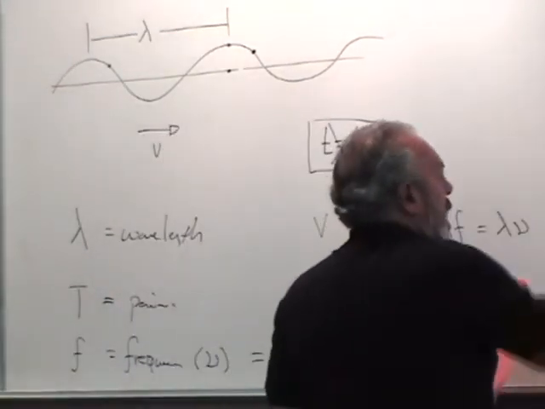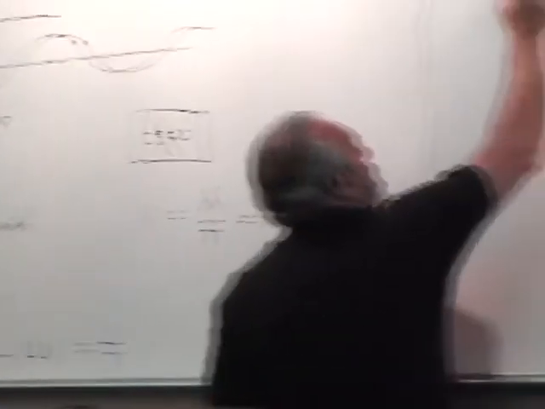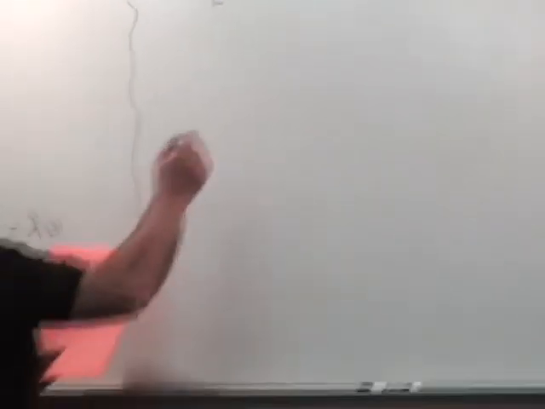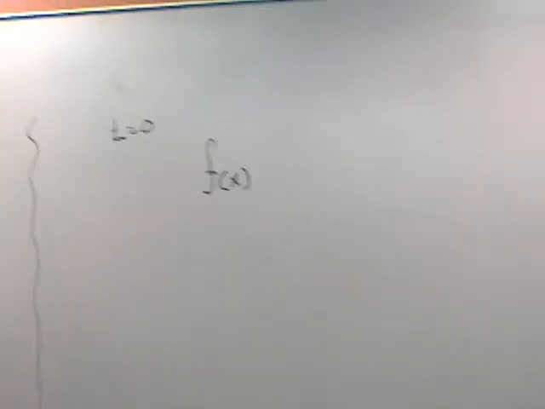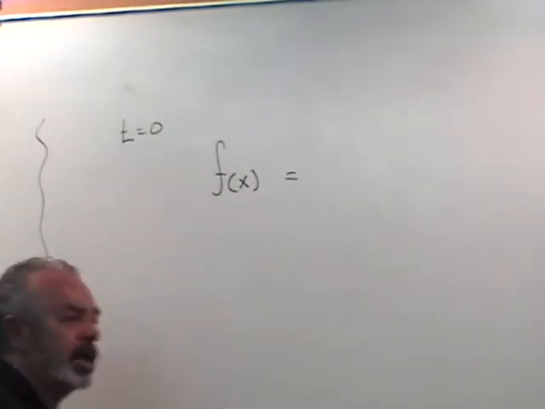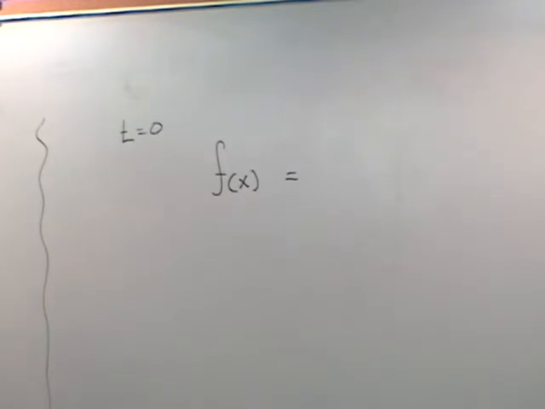Back to this situation now at t equals 0. Our waveform would look something like this. It is some sort of a function, an f of x, a function of x. And I like to think of it, remember that actually it is a two-dimensional thing.